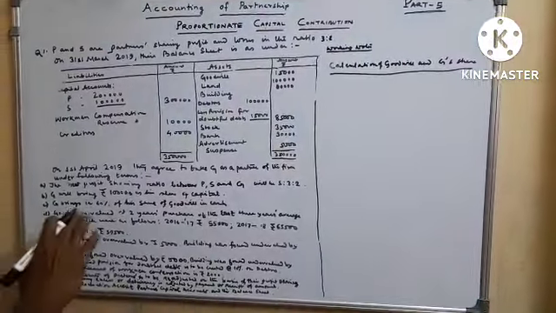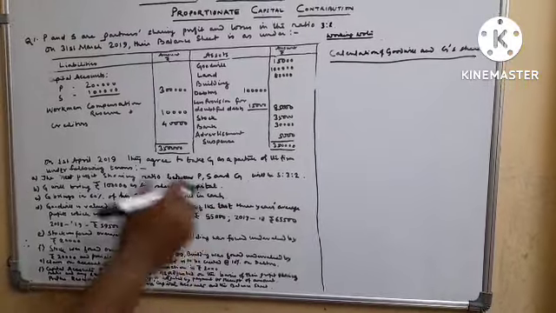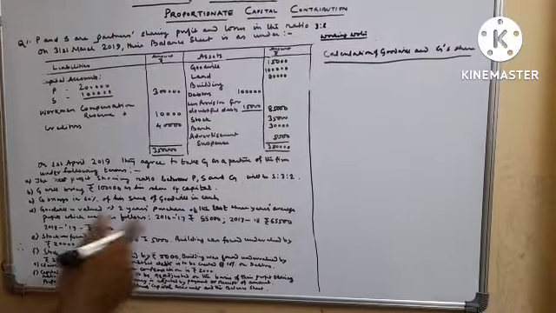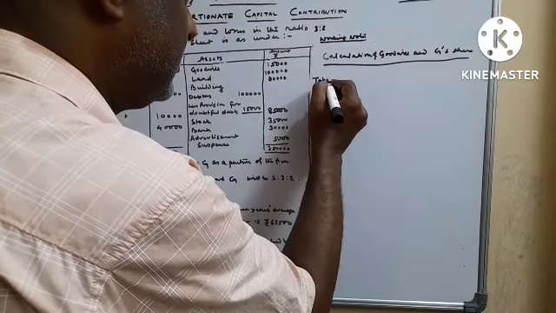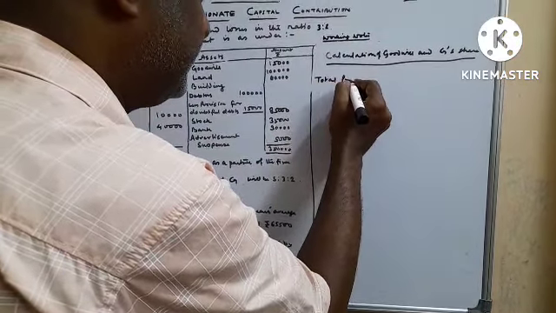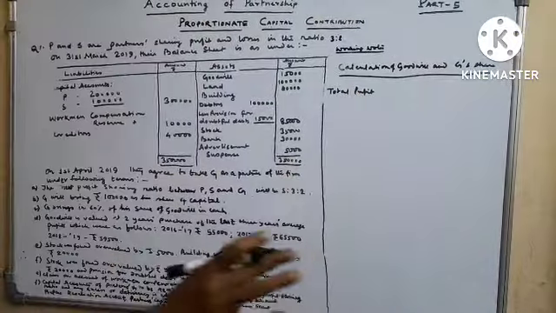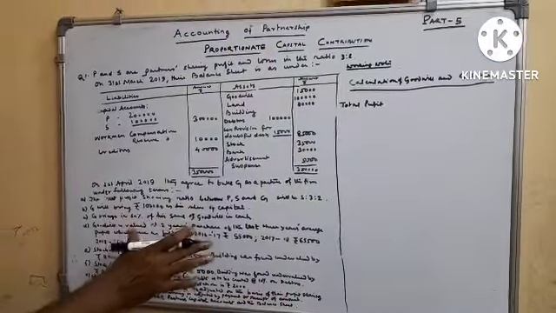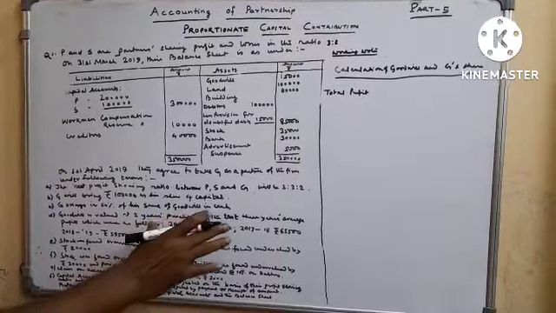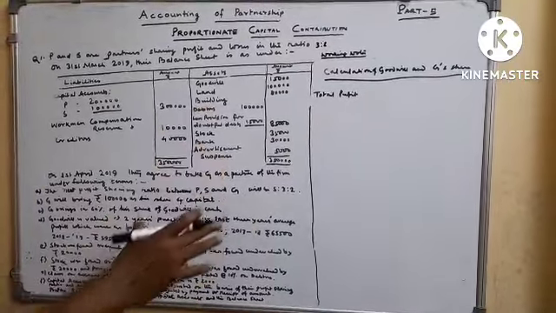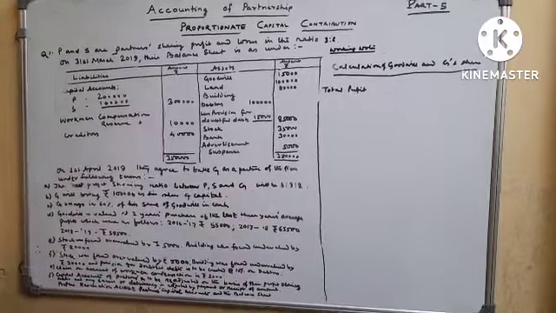Now the question is telling goodwill is valued at 2-year purchase of the last 3 years average profit. First we find out total profit. Understood, students? What to do while finding out valuation of goodwill? If profit is given, we have to add all the profit to find out total profit.